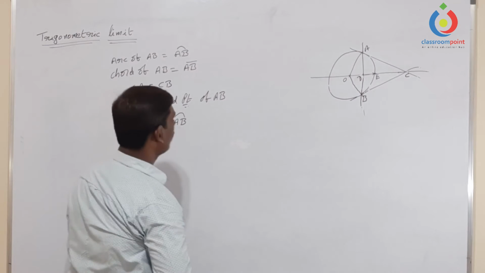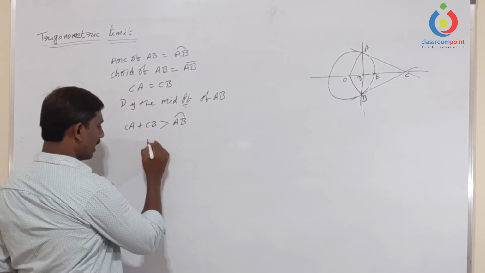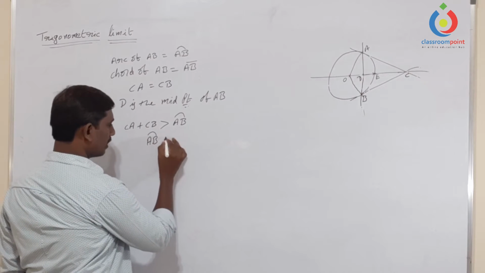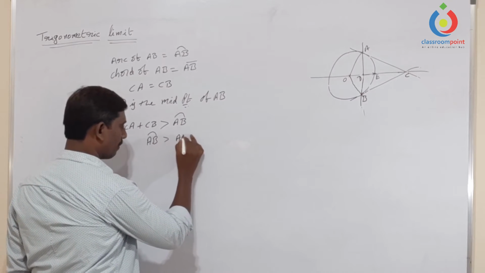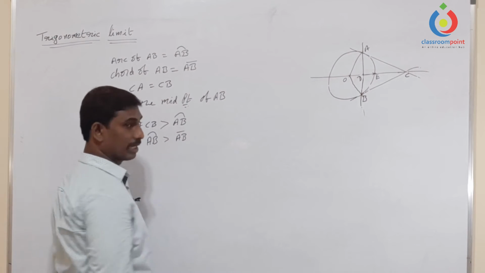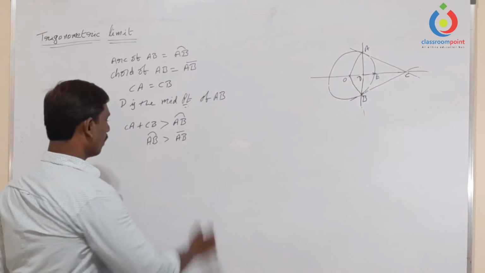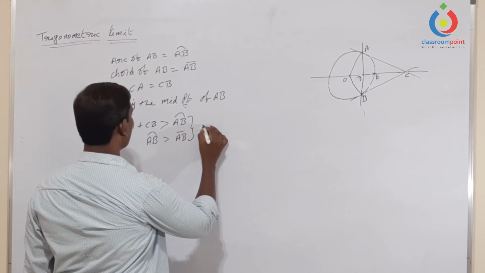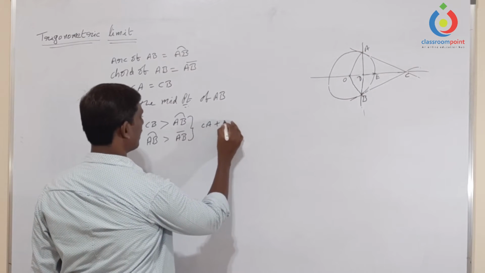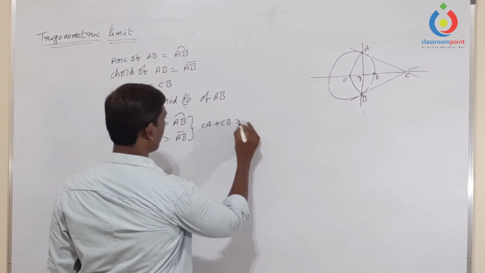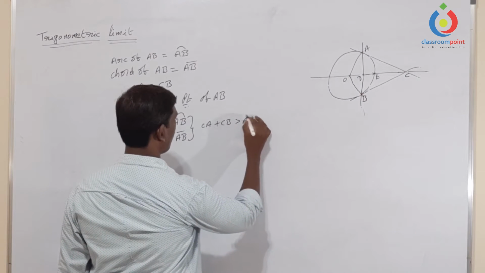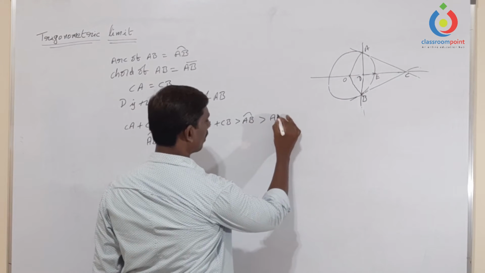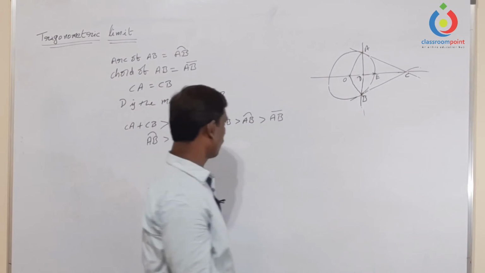Next, one more: arc of AB is greater than the chord of AB. From both these cases, we can write CA plus CB is greater than arc of AB is greater than AB bar, the chord of AB.